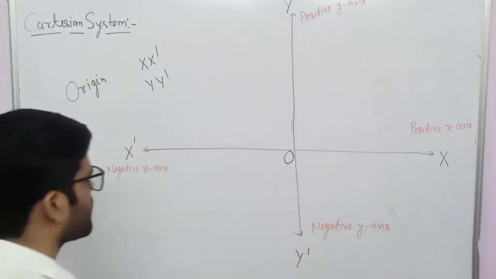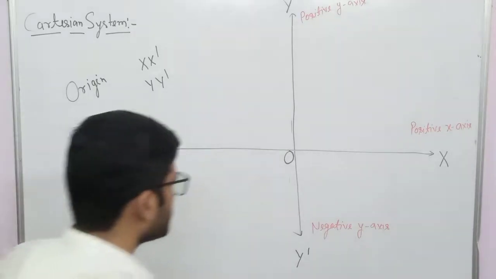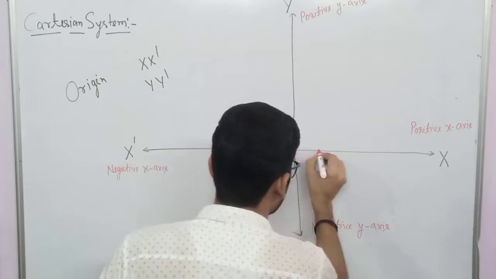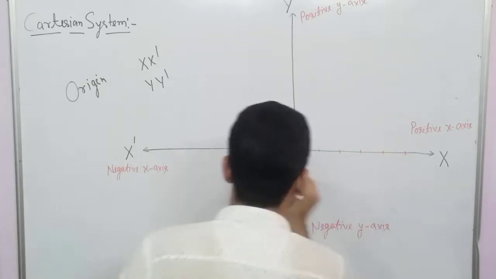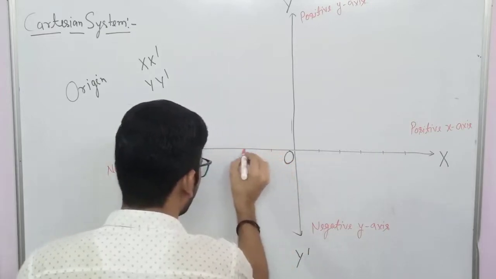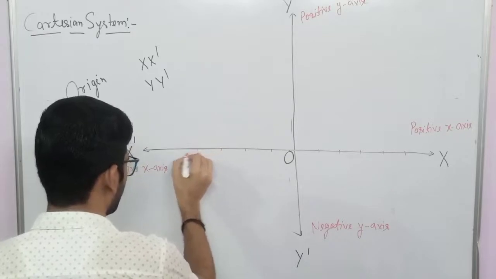And if here we represent some points, 1 centimeter equal to 1 unit is the unit of this graph.